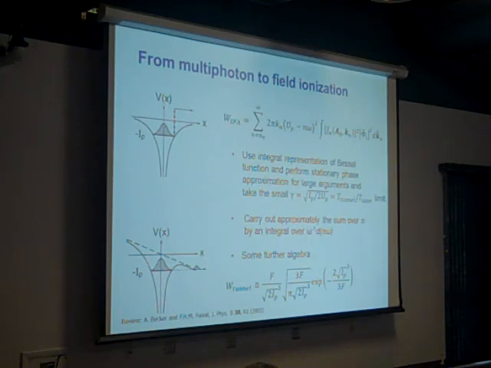At that moment, I'm losing my multi-photon character, obviously, because I no longer have n0, n0 plus 1, n0 plus 2, but I'm making now a continuous integral. At that moment, I make the transition from here to here. Some further algebra, which you always read in the book, takes hours to calculate, and you derive what is very well known as a tunnel formula.